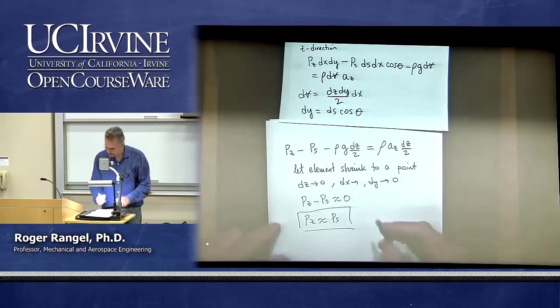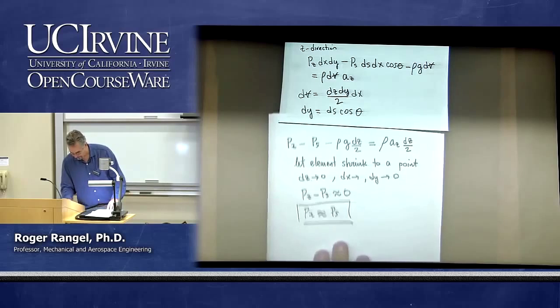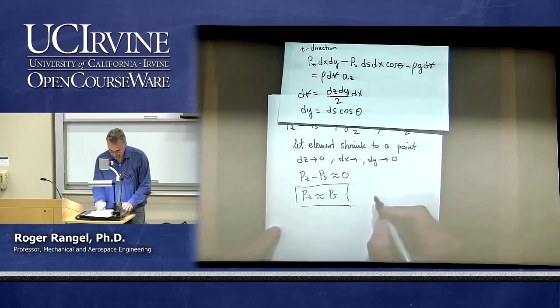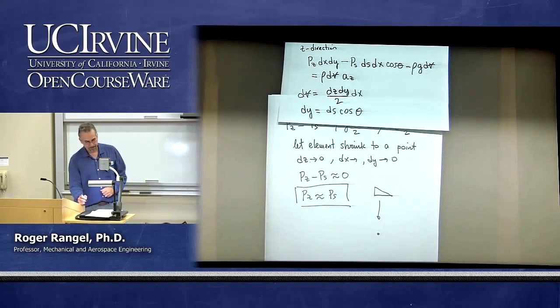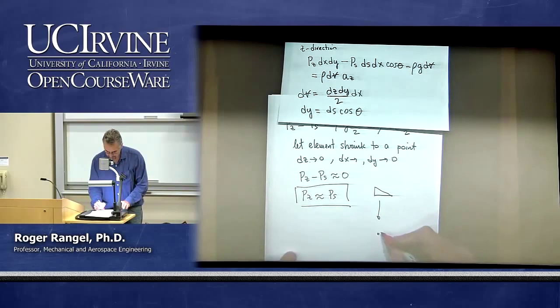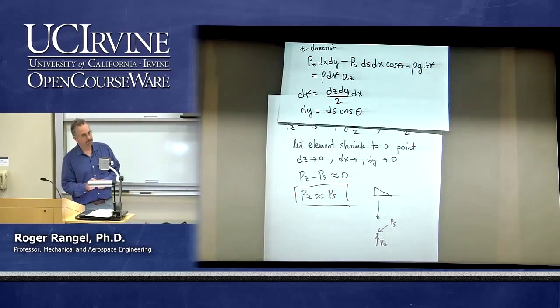And what is that telling me? That once I shrink this element to a point, let's draw the shrunk. So I went from a triangle to a point. Right? Once I have that point, if I draw my pressures again, so let's say that this is representative of the PS, and this is representative of the PZ, I find that they are the same.